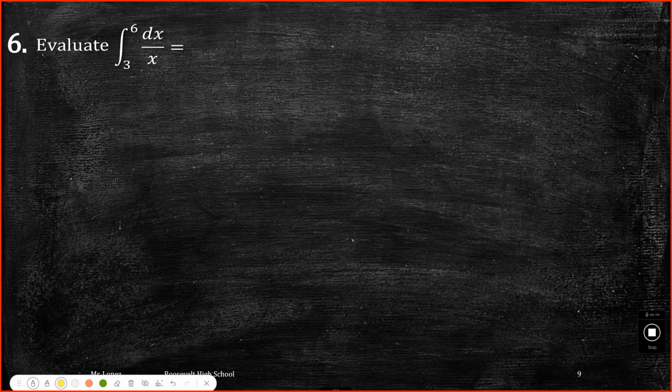So then this is just going to be ln x from 3 to 6, ln 6 minus ln 3. I mean, using the properties of logs, you can go to one log, ln of 6 divided by 3. When you have two ln's, you can go to one, 6 divided by 3, so it's ln 2.